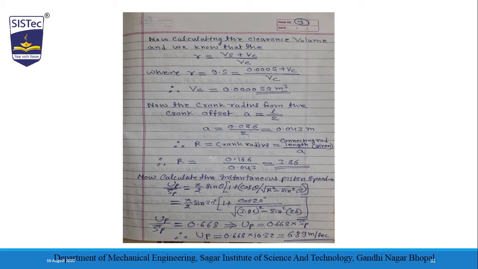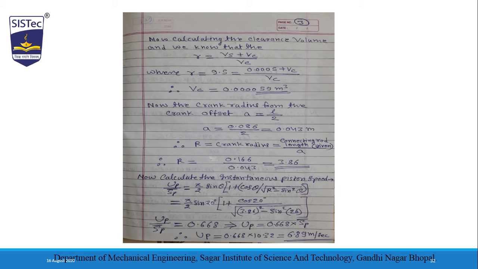Now as per the problem, we calculate the instantaneous piston speed. The formula of instantaneous piston speed is Up divided by average piston speed equal to pi by 2 sin theta in bracket 1 plus, in a small bracket, cos theta divided by under root R square minus sin square theta, small bracket closed, then big bracket closed.